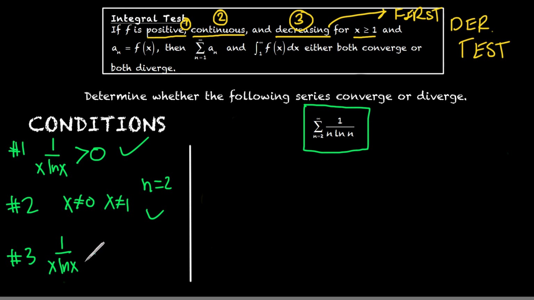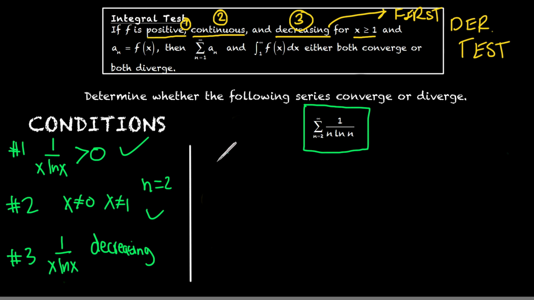Once again, that's just logic. If you have 1 over 10, that is 0.1. If you have 1 over 100, the x just got bigger, but 1 over 100 is 0.01. The number is getting smaller. So we see here that this is a decreasing function. Not sure what the graph looks like, but we can use logic to see that it is a decreasing function.